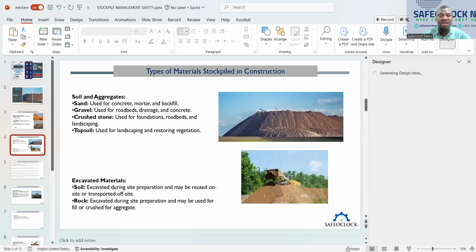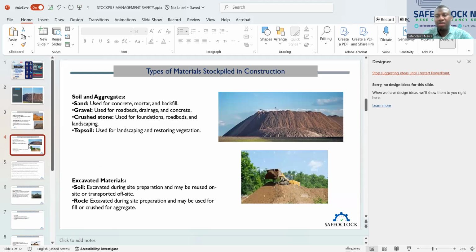Okay, so let's look at types of materials that are stockpiled in the construction industry. We've talked about sand, excavated materials, gravel, crushed stones, and topsoil, used for landscaping and during vegetation restoration.